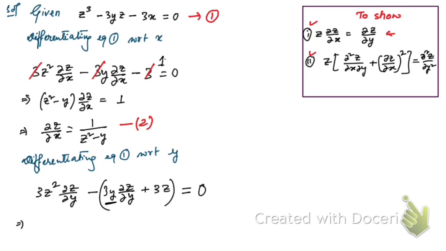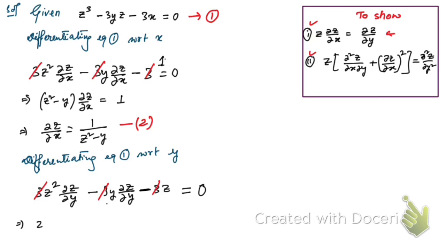Now if you remove this bracket, this minus is going to make it positive, so we can write it directly this way. Let me remove this bracket, then the sign becomes minus times negative, which is positive. Here let us take del z by del y common, and you can divide each term by 3, so 3 cancels.